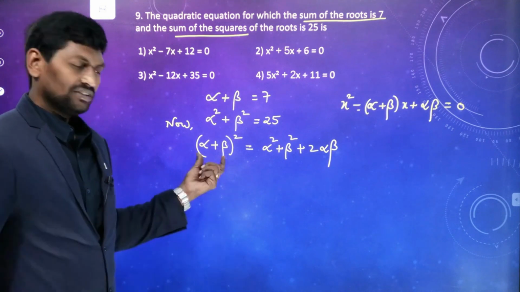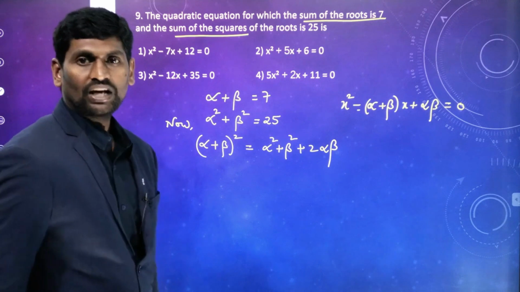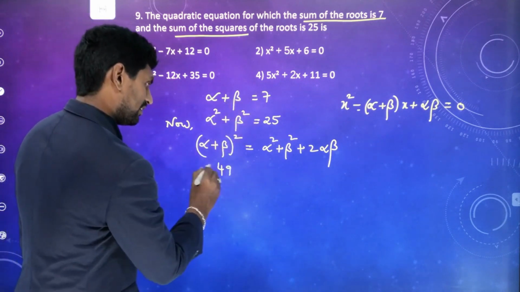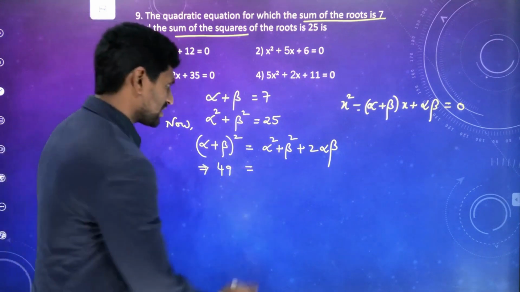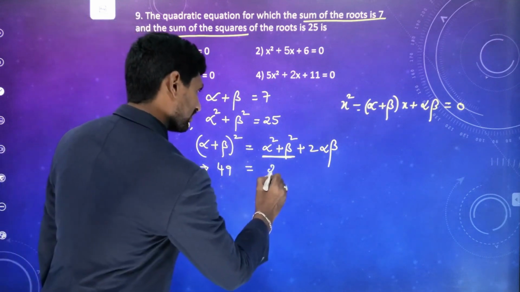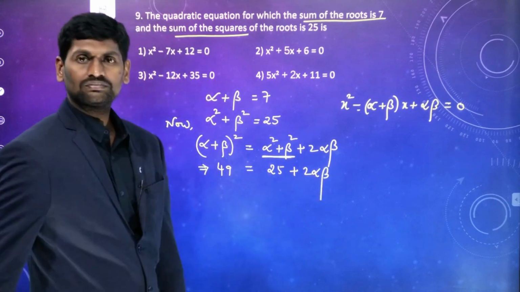Am I right? With the help of a plus b whole square I have taken like this. Alpha plus beta value 7, 7 square is 49. 7 square means 7 into 7. Alpha square plus beta square, in the place of these two terms we can write 25, plus 2 alpha beta.